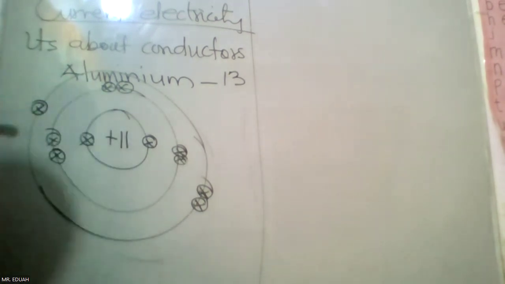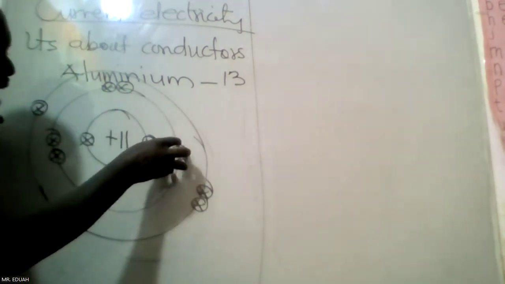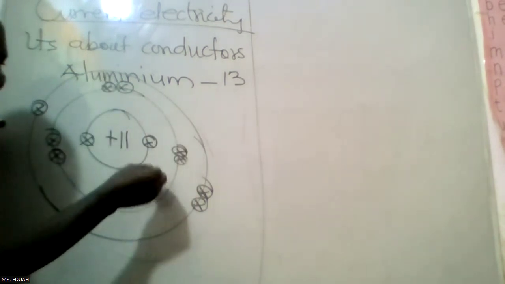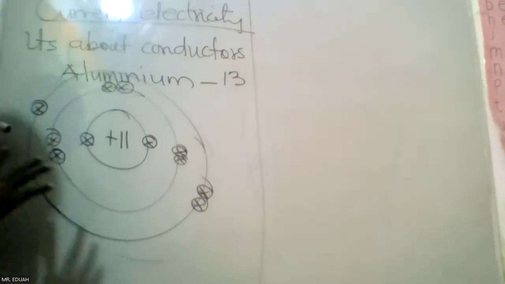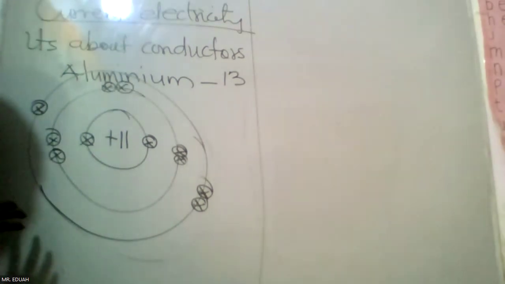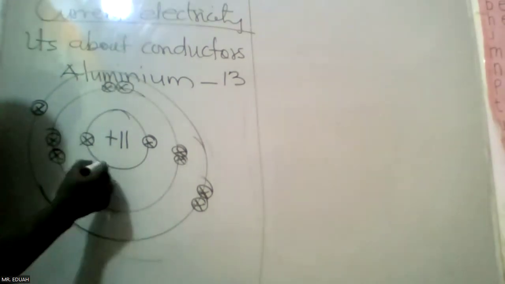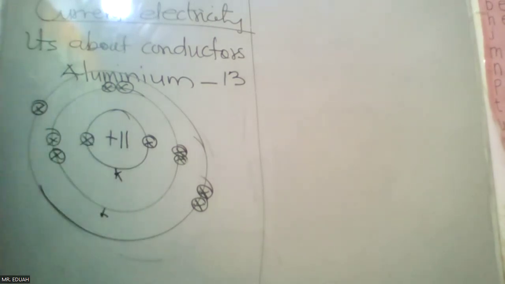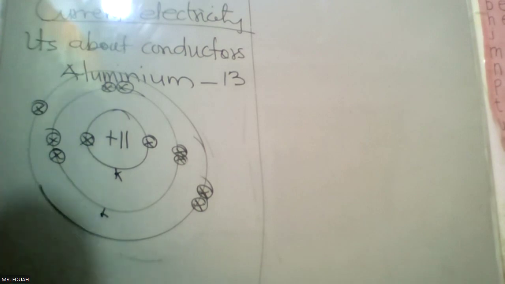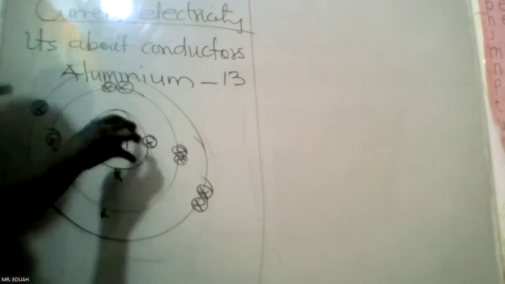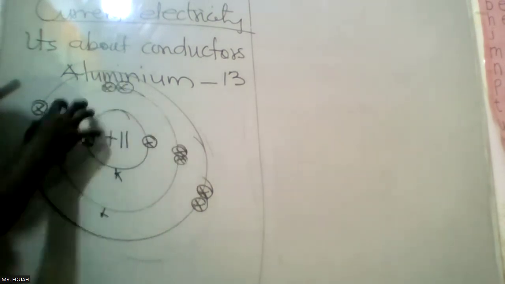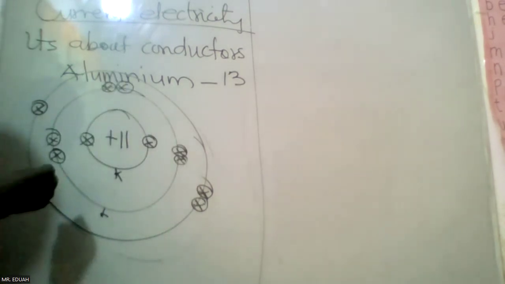But usually what happens is that because there are a lot of electrons within the inner filled shells or orbitals, the K and L shells, the protons attract the electrons.